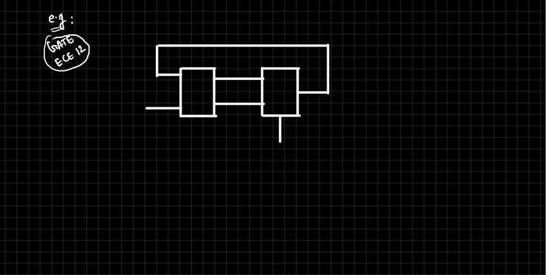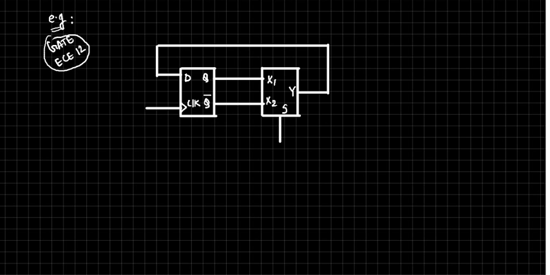This is D, Q, Q bar. This is a positive edge triggered clock. This has X1, X2, Y, and this is select line S.